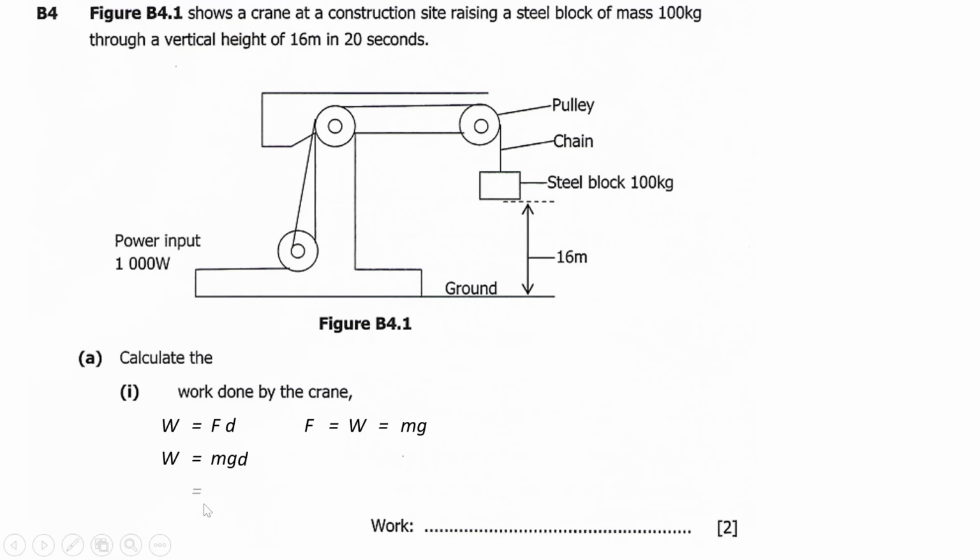Then work is equal to mass of that steel block, 100, times gravity. Even when they didn't give it to us, we use 10, times the distance, which is the distance this steel block moves from the ground, which is 16 meters.